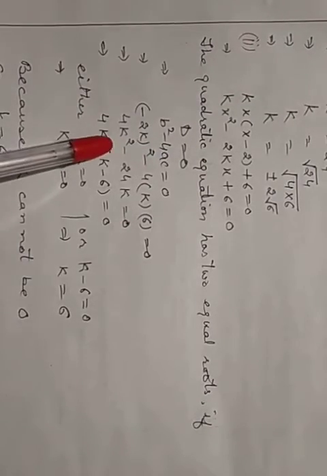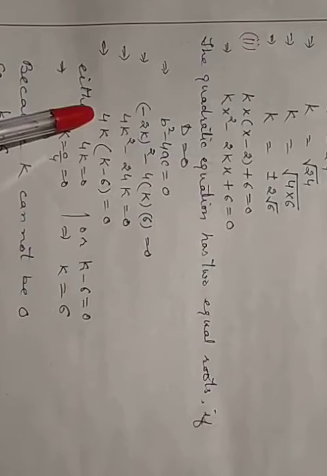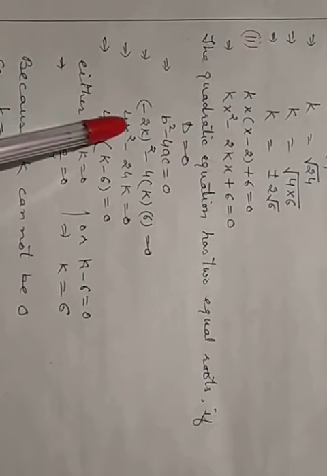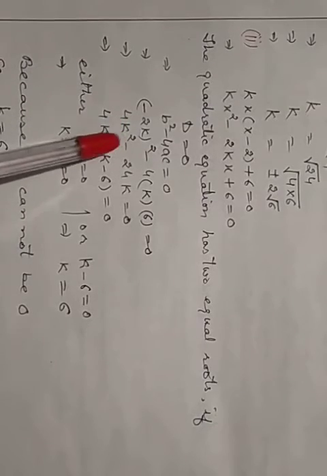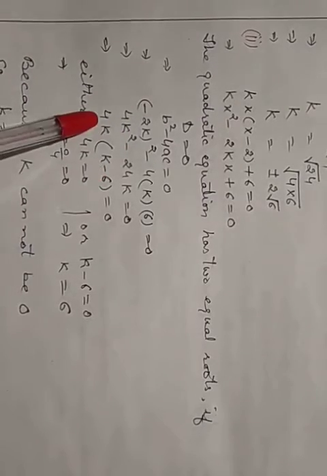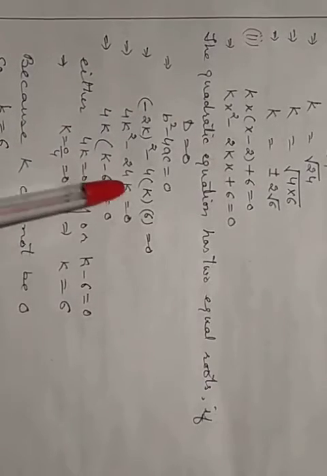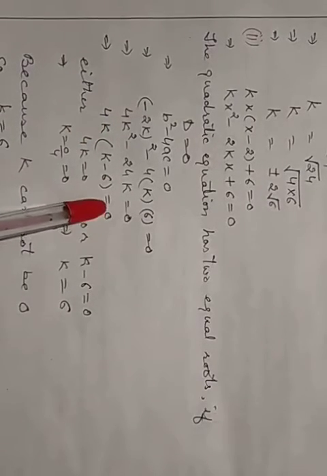What is common here? 4 and k. 4k common: 4k taken out, k out of k square, k is taken out, only k minus 4 6s are 24, so k minus 6, is equal to 0.